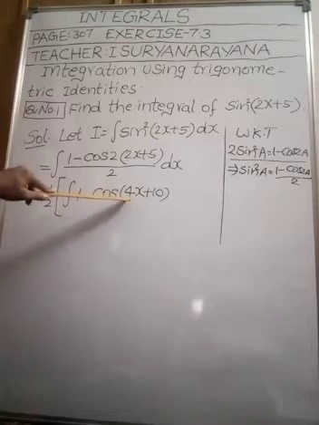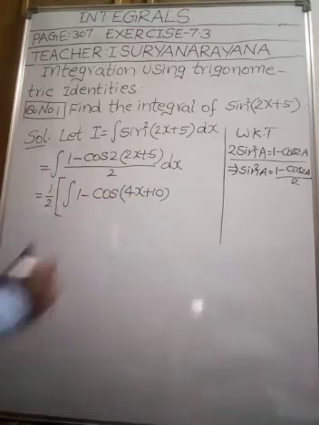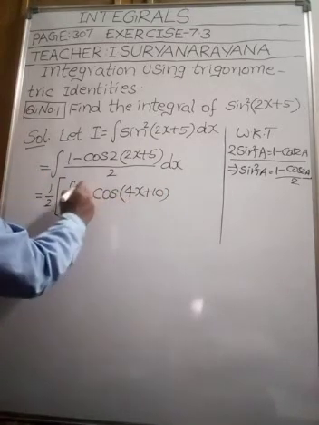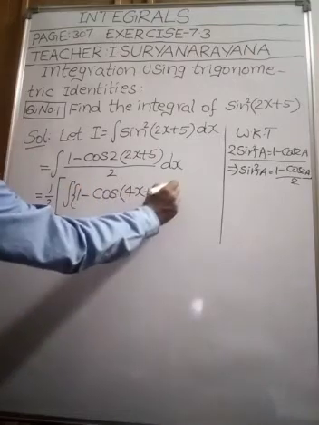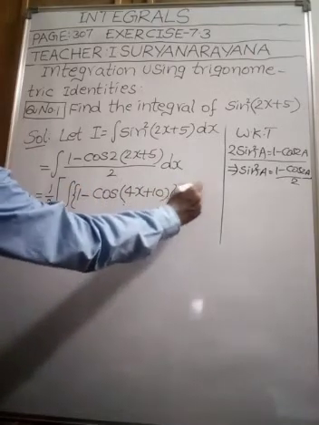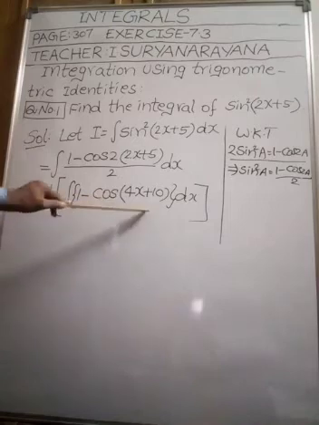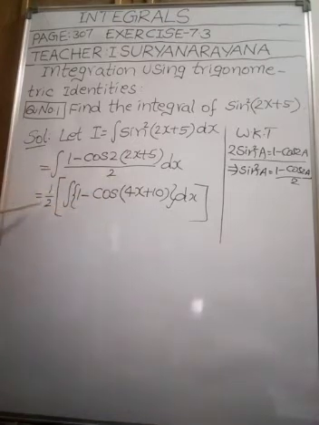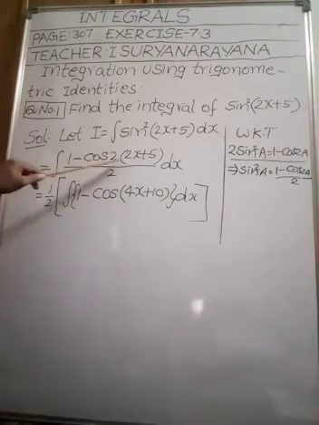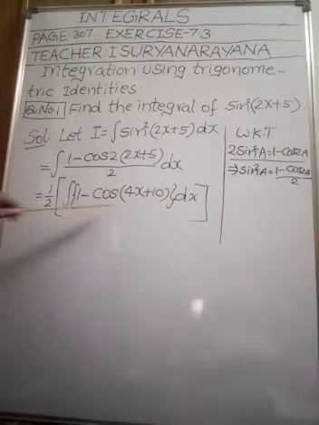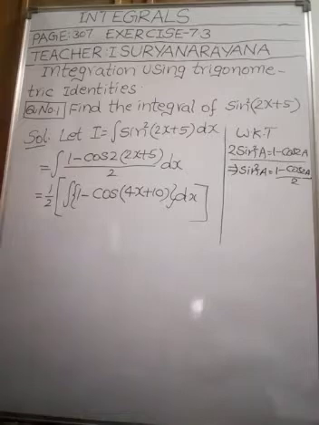Then we got cos of 4x plus 10 whole dx. I wrote the numerical coefficient outside and multiplied using the distributive property. Understood this step?